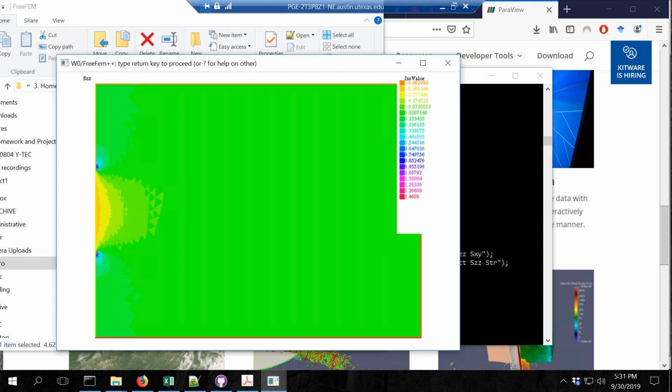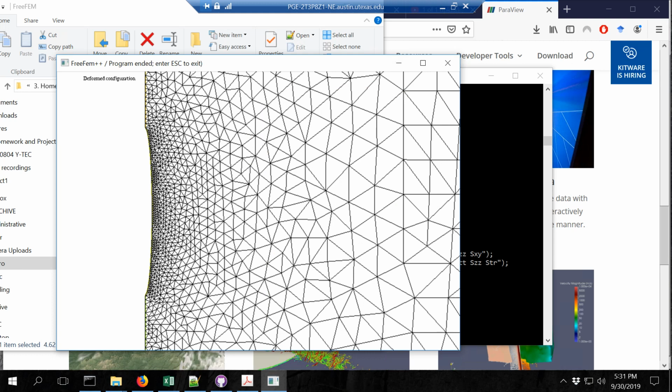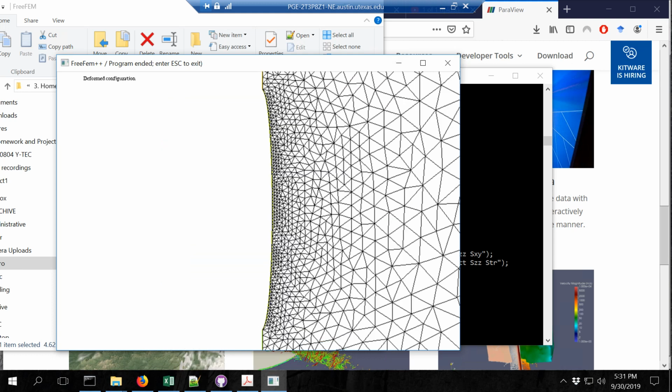this is SXY, shear stress. This is the SZZ, perpendicular stress, and this is the deformed configuration. With the deformed configuration, you should also be able to get the displacements at the fracture. I want you to compare also, and now you can take a look at the paper solution I gave you.